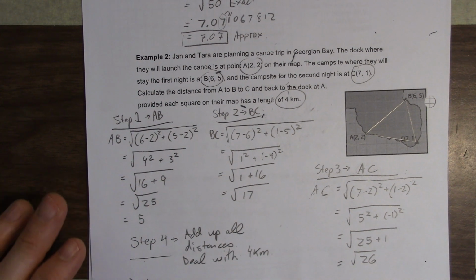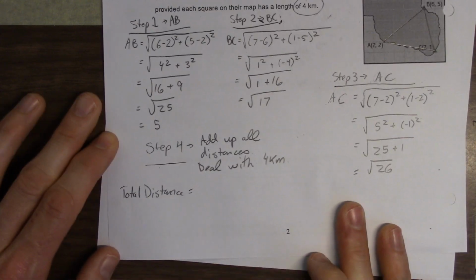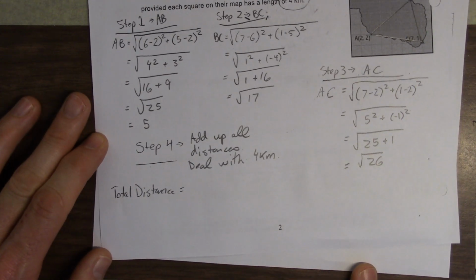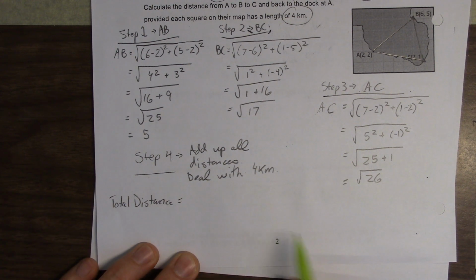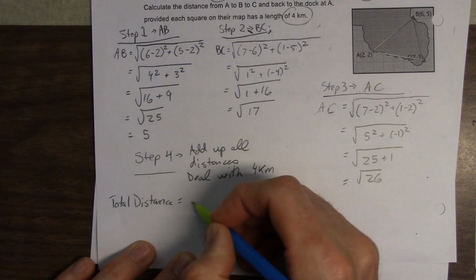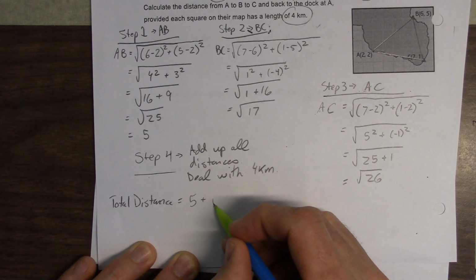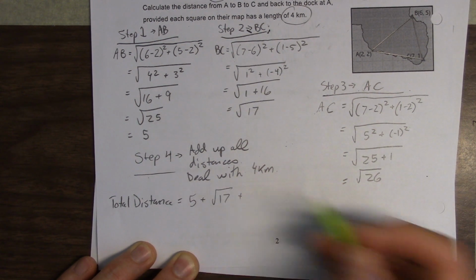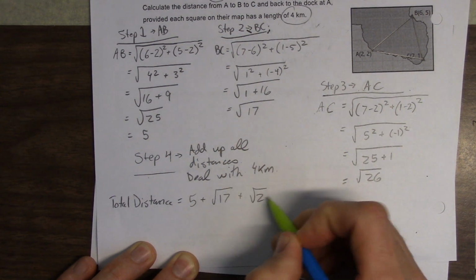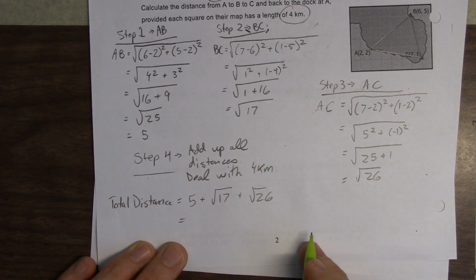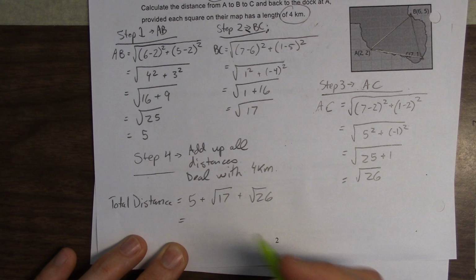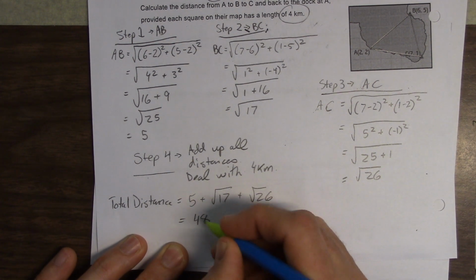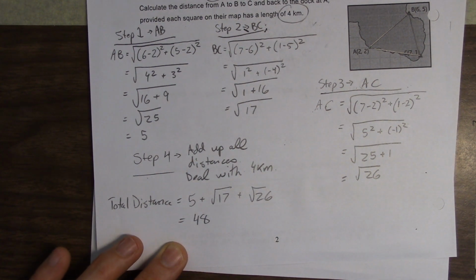What's our total distance equal to? Douglas. Just tell me and then tell me the answer. 5 plus root 17 plus root 26. Good. That's what? 48?